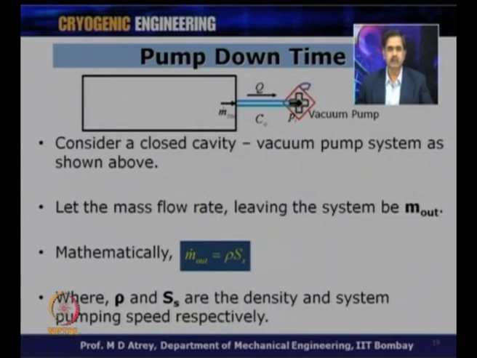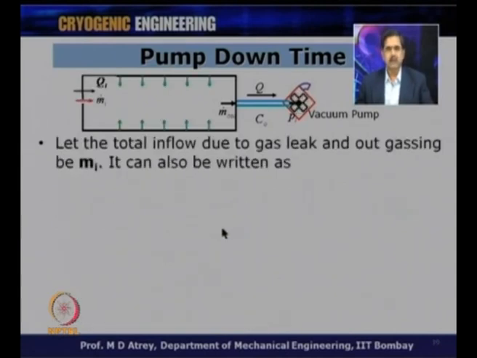Please understand this clearly. Similarly, I will have some m dot I, and let the total inflow due to gas leak and outgassing be m dot I. It can be written as m dot I is equal to Qi divided by RT.